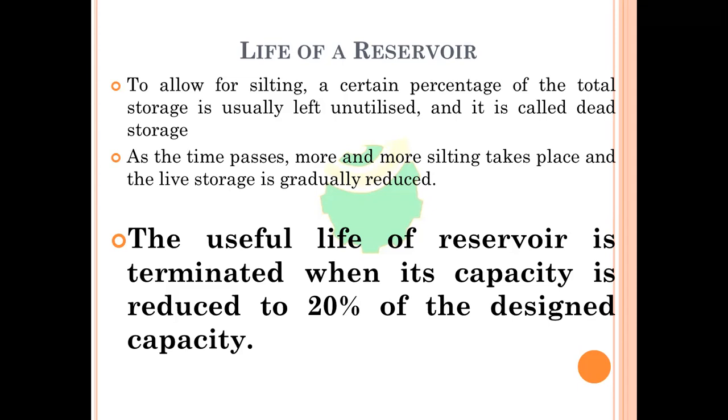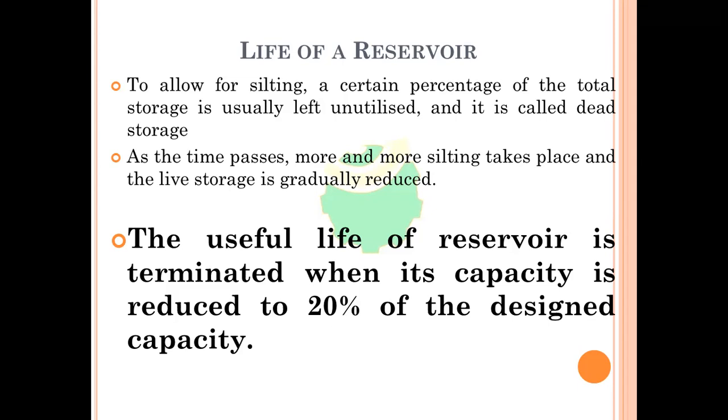To allow for silting, a certain percentage of the total storage is usually left unutilized, and it is called dead storage. As time passes, more and more silting takes place and the live storage is also gradually reduced.